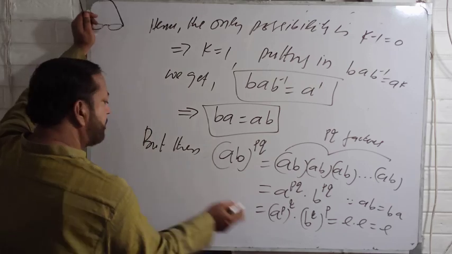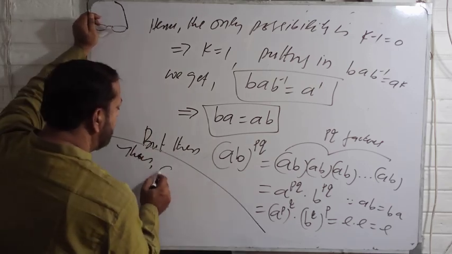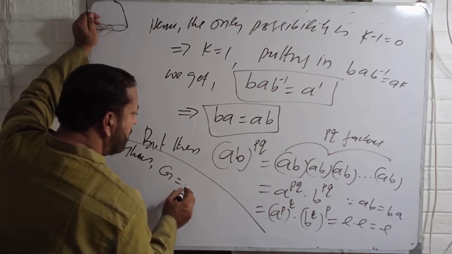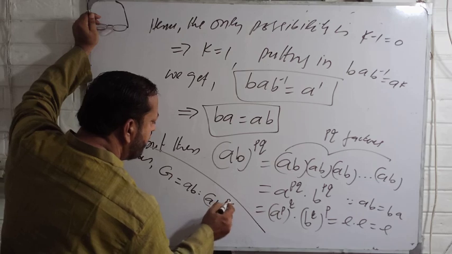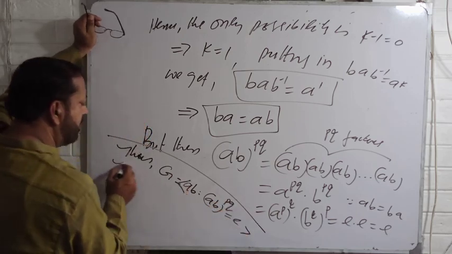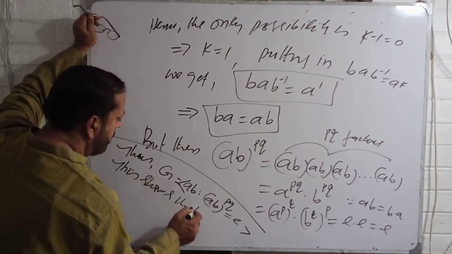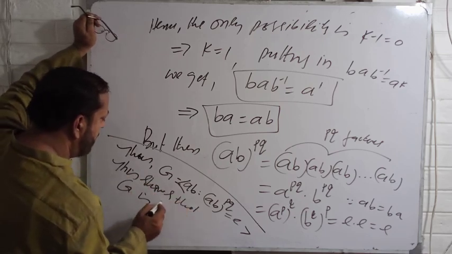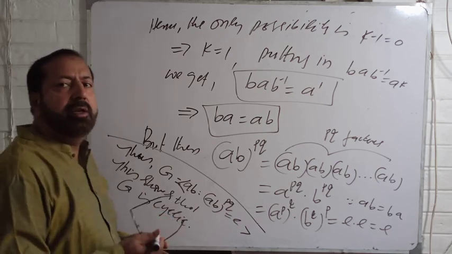Thus G is equal to the group generated by AB, where (AB) power PQ is equal to E. This shows that G is cyclic. Okay. This is so easy.